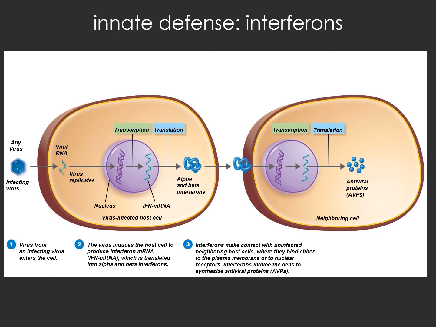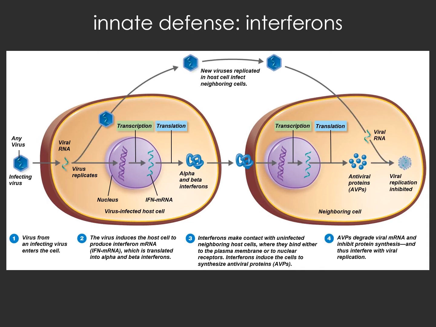Interferons are secreted by the cell, and then they're bound by a neighboring cell. And when the neighboring cell sees those interferons, it goes, uh-oh, there's viruses in the area. And so it kind of stops everything it's doing and starts transcribing and translating antiviral proteins. And once it does that, it's protected against the viruses that are quickly going to be in step 5, right?